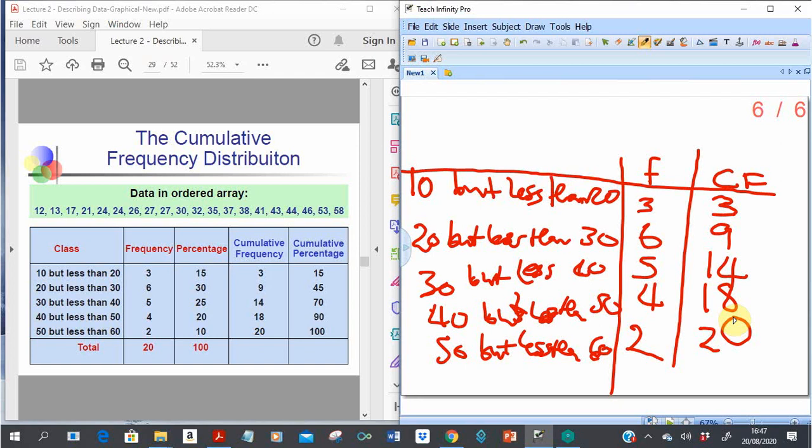The second one we have 9 divided by 20 times 100, which is 45. And 14 divided by 20 times 100 to give you 70. And the last one, you have 20 over 20 times 100, it will give you 100. So that is how you get these values that you see there.